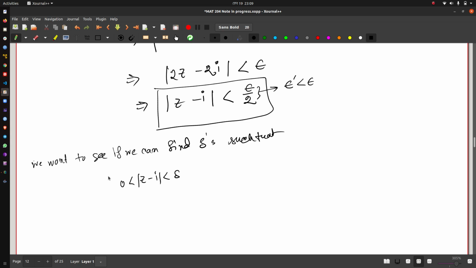And from here we can use this inequality over here, right? So if you use these two inequalities, that is modulus of z minus i is less than delta and modulus of z minus i is less than epsilon by 2, you can immediately conclude, since z is not equal to i because we are dealing with the limit problem, that delta should be something like epsilon by 2.